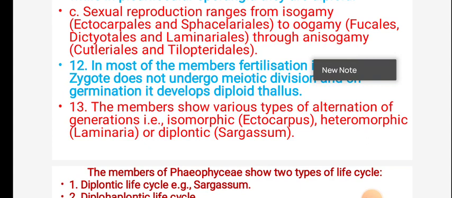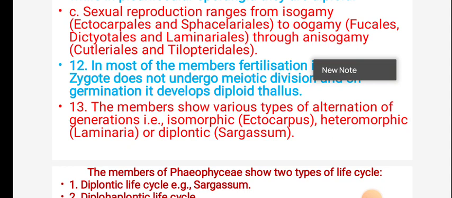Then oogamy, where character, size, shape and structure are all different, commonly seen in the Fucales, Dictyotales and Laminariales. Then anisogamy in Cutleriales and Tilopteridales. So the genera are Cutleria, Fucus, then Dictyota, right?